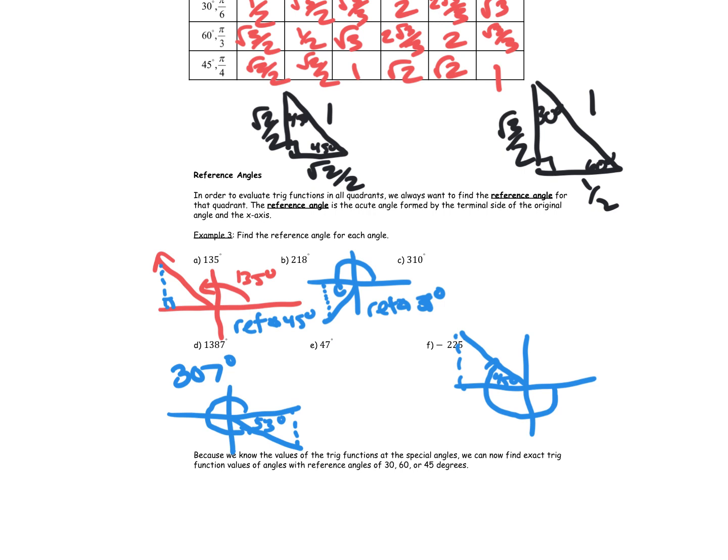Okay, so now the key when we are evaluating the trig functions at particular angles is that we're really looking at the reference angle. But what quadrant it's in matters, because that will determine if my x and y coordinates are positive or negative. So let's do some examples here.